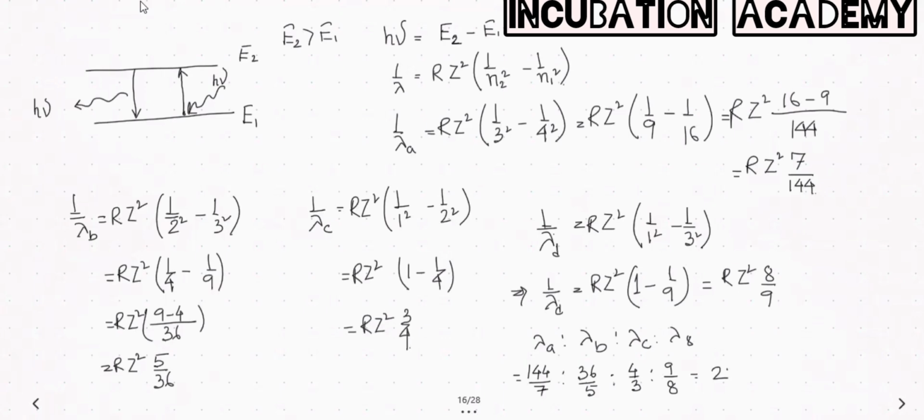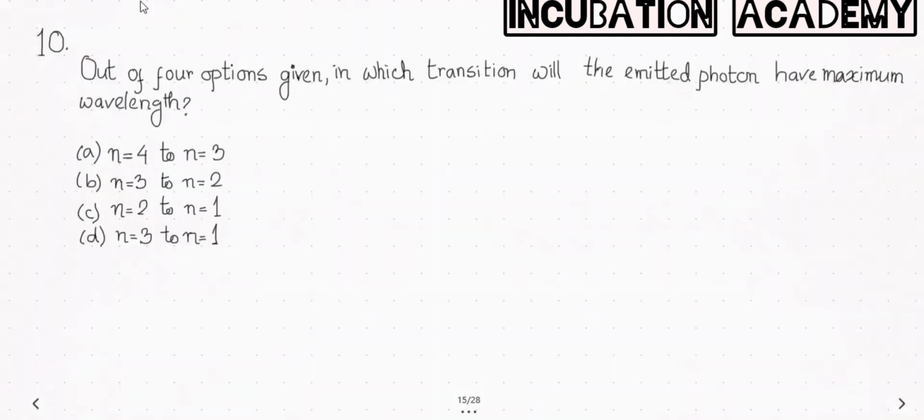It is 20 point something. Then 36 divided by 5, we can say, is 7.2. Next is 4 by 3, which is 1.33, and 9 by 8 is just 1.1 something. So 144 by 7 is the maximum one. So you can say option A gives you the maximum wavelength.